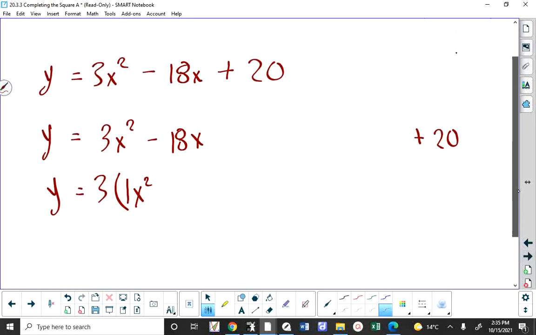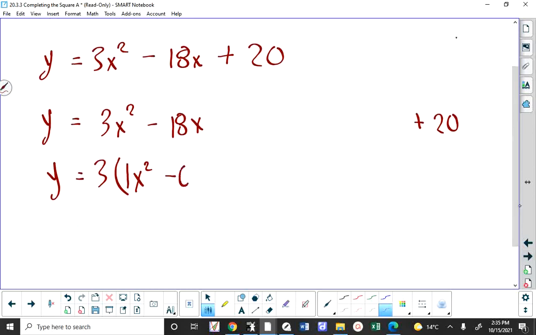I take 3 out of negative 18x, and I'm left with negative 6x. I'm going to add some number. And then over here, I have plus 20. And this little bracket is pretty important. It's the same number as last time, isn't it? 9. You take half of negative 6, which is negative 3, square it, you get 9.